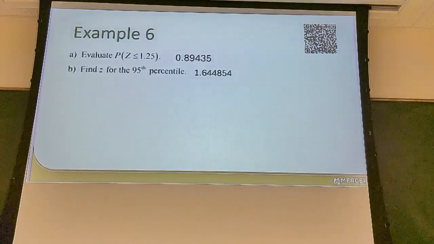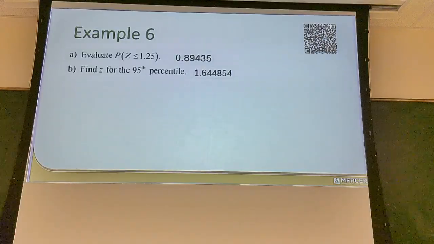Thursday, we're going to look at the normal distribution. If you're not using technology, and you have to do it by hand, what we have to do is we have to standardize the distribution. The standard normal, right? That means make the mean 0, the standard deviation 1.